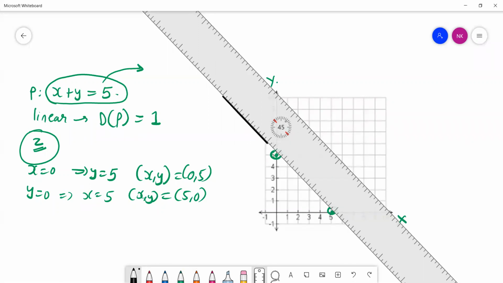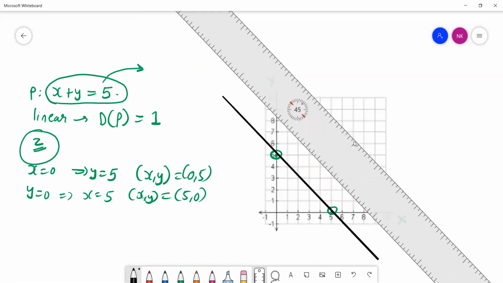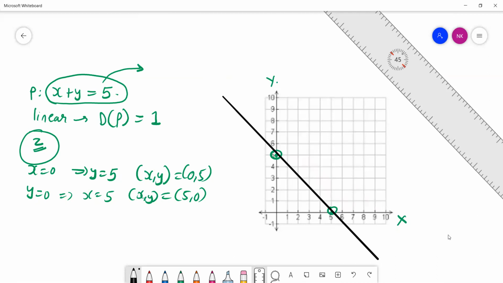This is the particular line which I am drawing. So I have got the line, which is nothing but x plus y equal to 5.